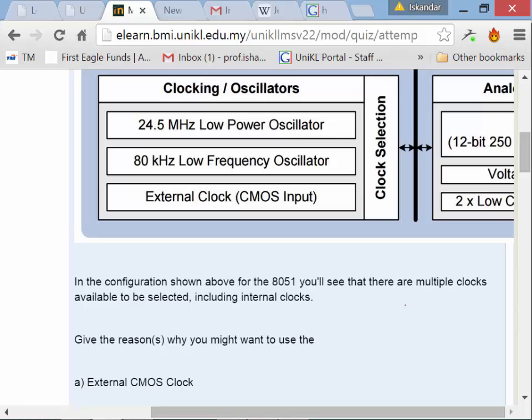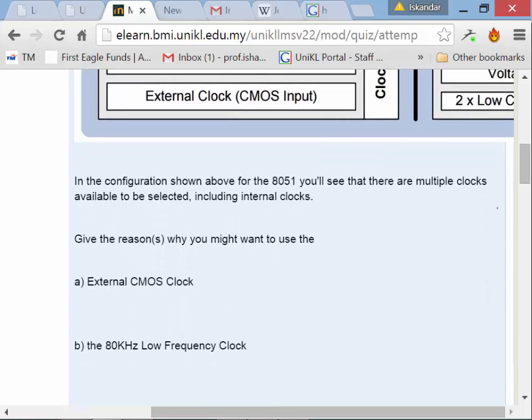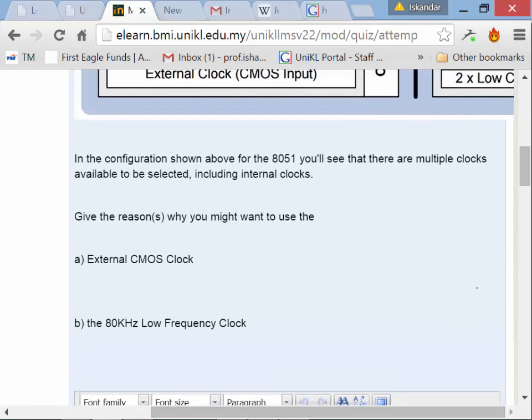And I asked basically 2 questions. Give the reasons you might want to use the external clock. I've mentioned this multiple times. The internal clock is only accurate to plus or minus 20%. So if you need more accuracy, you have to use an external clock.